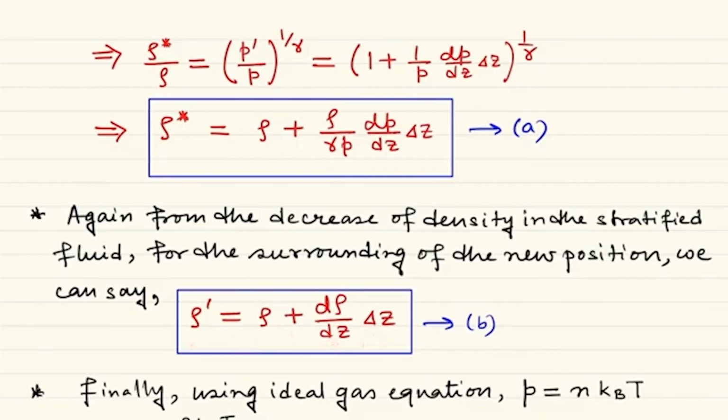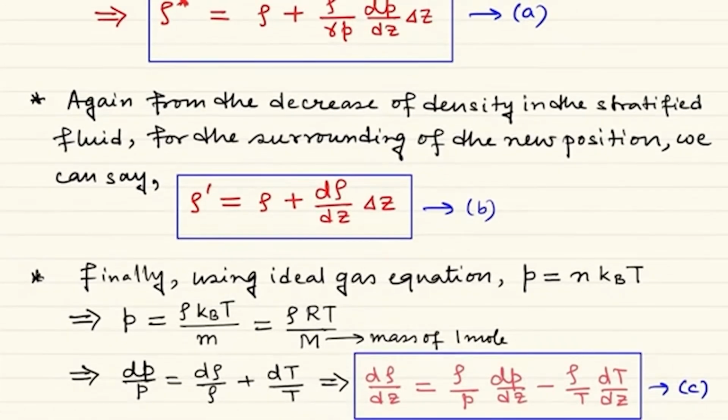Again, because delta z is small enough, this is the gradient of density in the surrounding gas. So we can write the new layer density with respect to the old layer density plus this term.